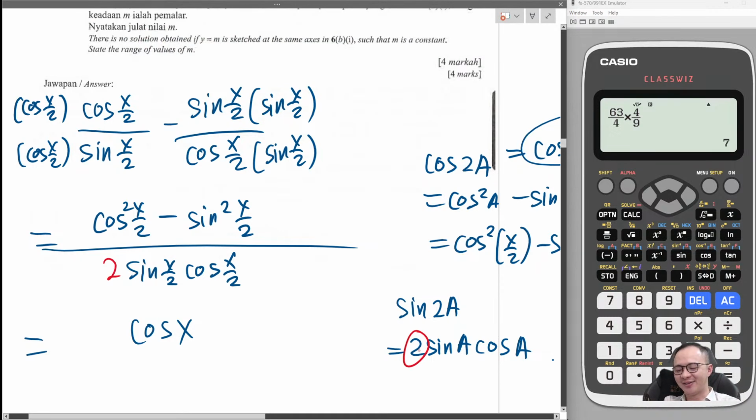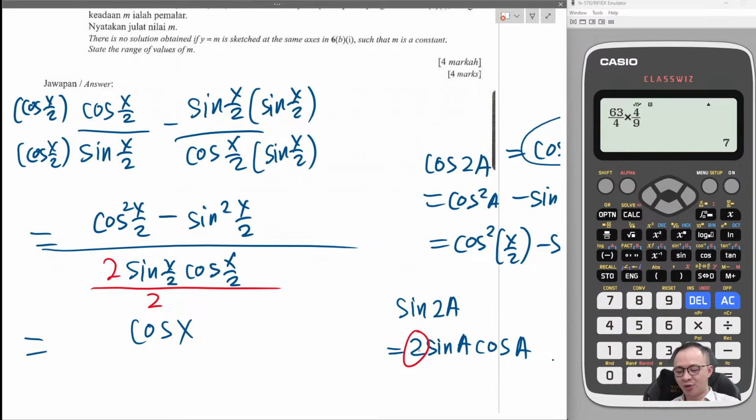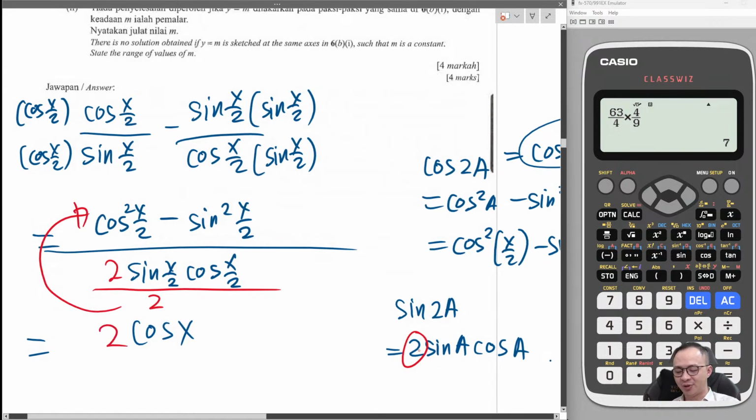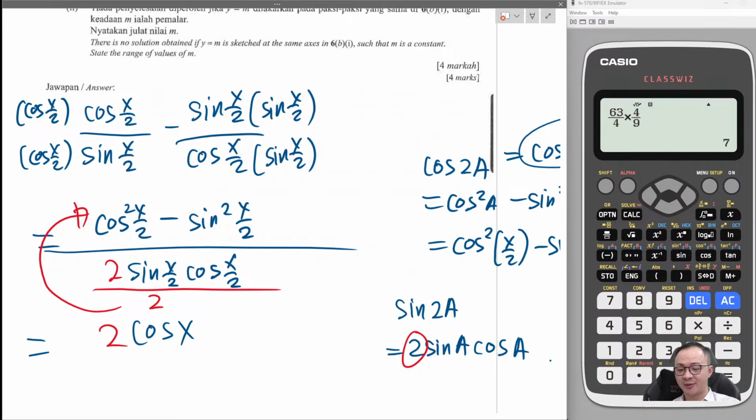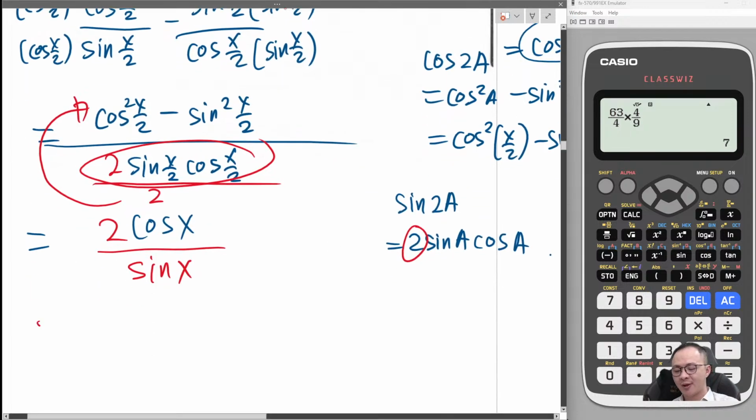Add a 2 myself. At the same time, divide by 2. So the divide by 2, I will throw to the top. Then the bottom will become sine 2A, right? My A is x over 2, so it becomes sine x. Cos x over sine x is cotangent x. Proven.